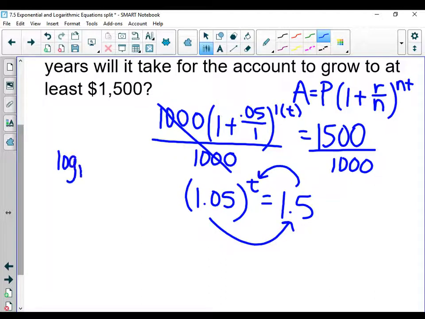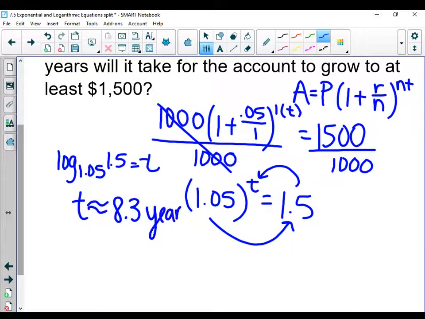So log base 1.05 of 1.5 is going to get me my time. If you haven't already figured that out, go ahead and type that in. And we should get that it takes us about 8.3 years.